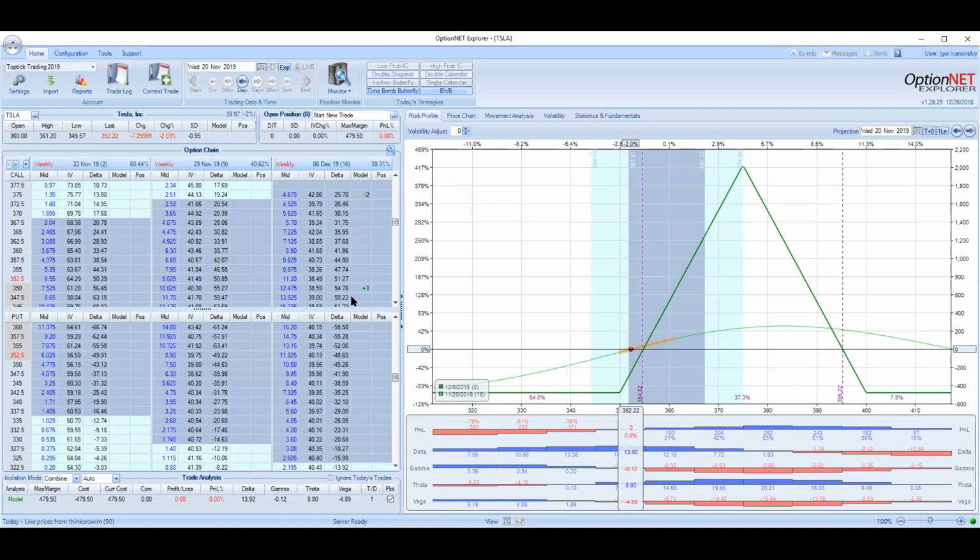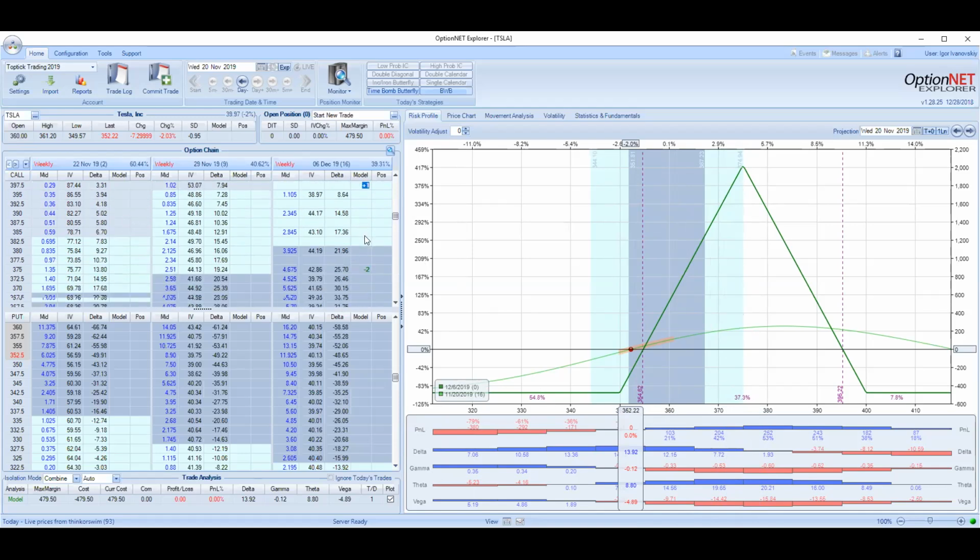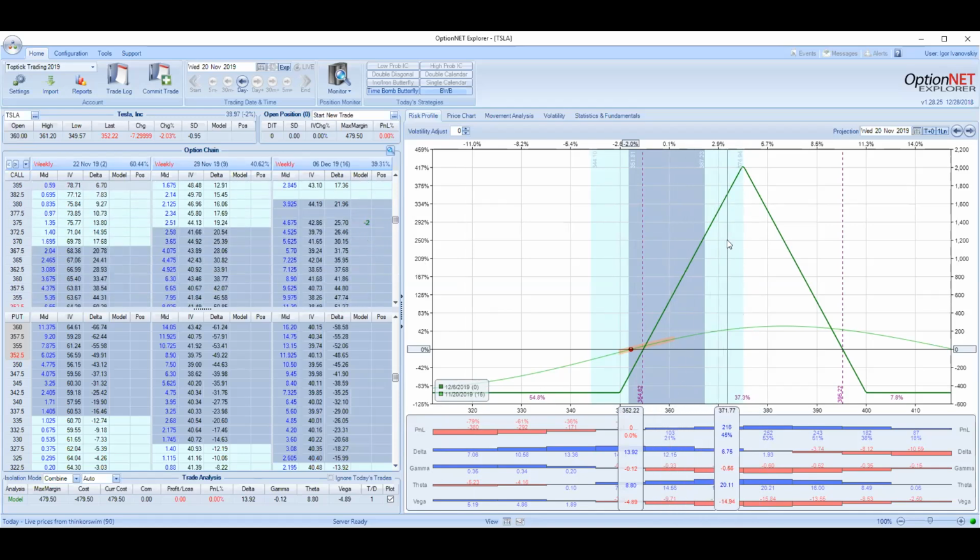So I went ahead and placed my short strikes at 375, which is about 25 points out of the money. And then I used $50 wings, or 50-point wings. And this is what this trade looks like.